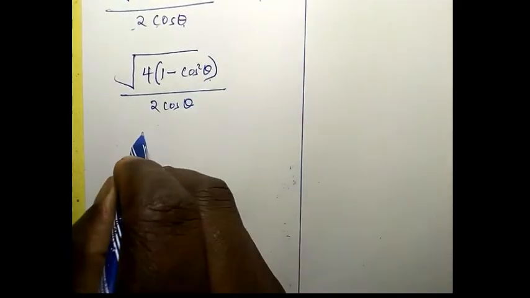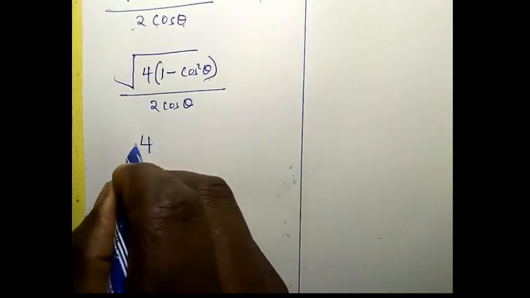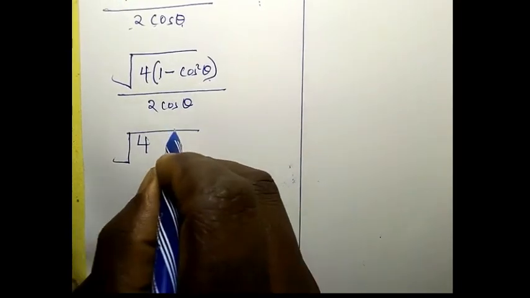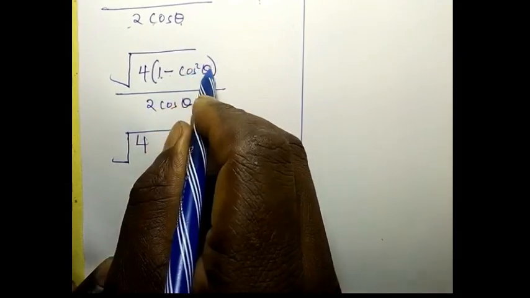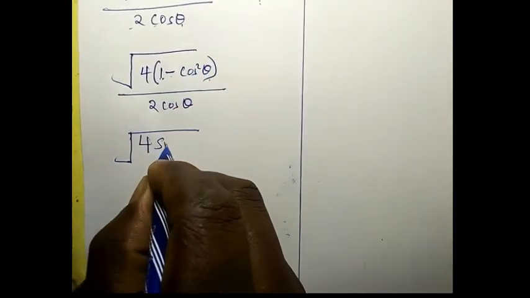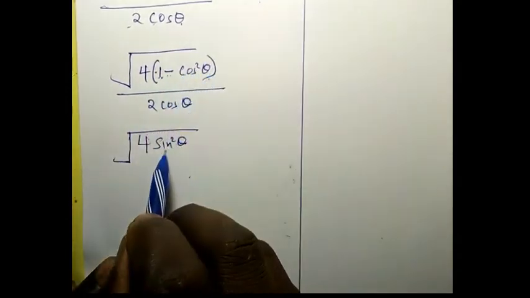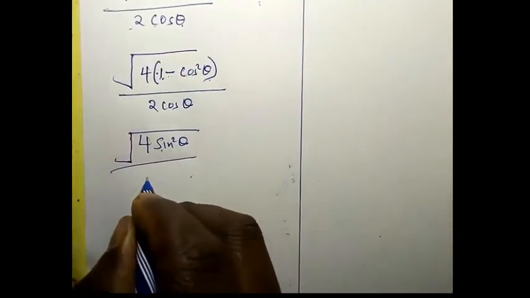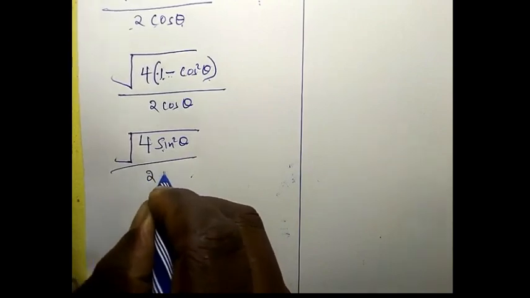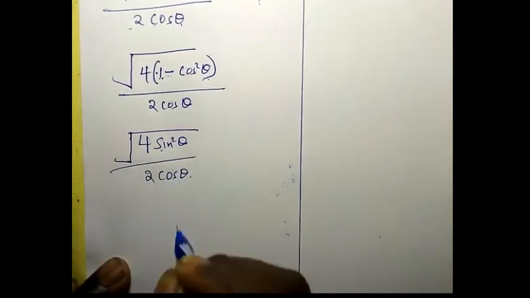So next, we have 34 square root. Instead of 1 minus cos square theta, that simply means sine square theta, because 1 minus cos square theta is sine square theta. We divide by 2 cos theta.